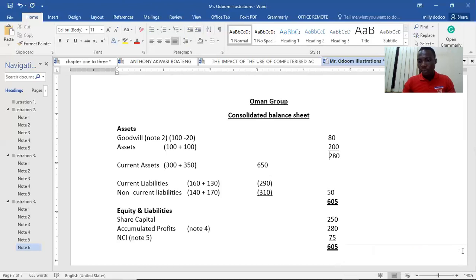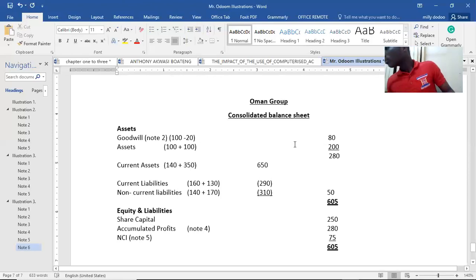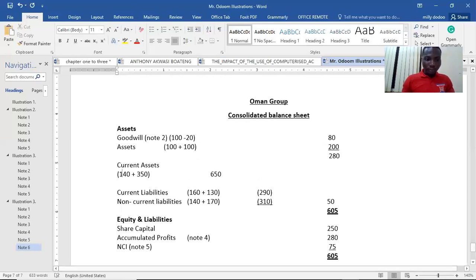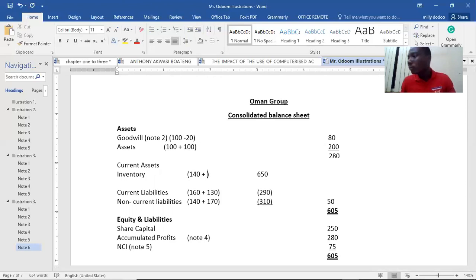Then you have your current assets. You have inventory 140 and 200.